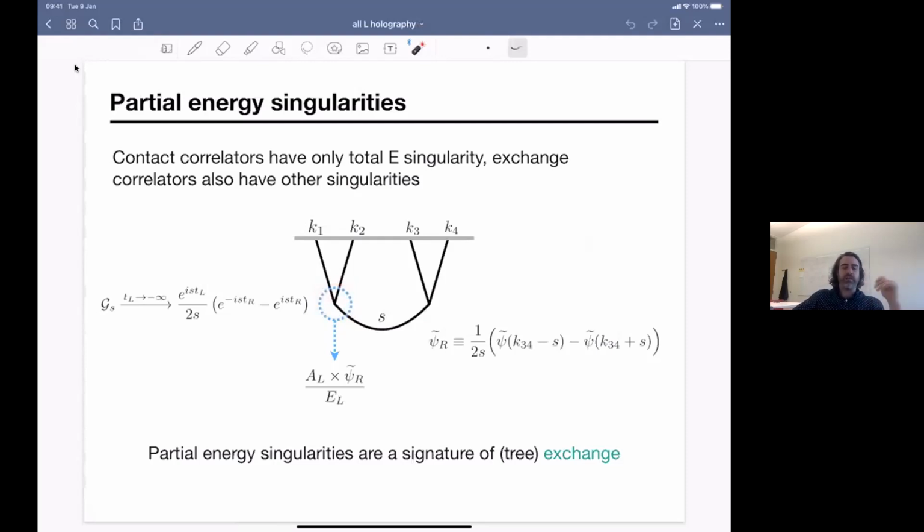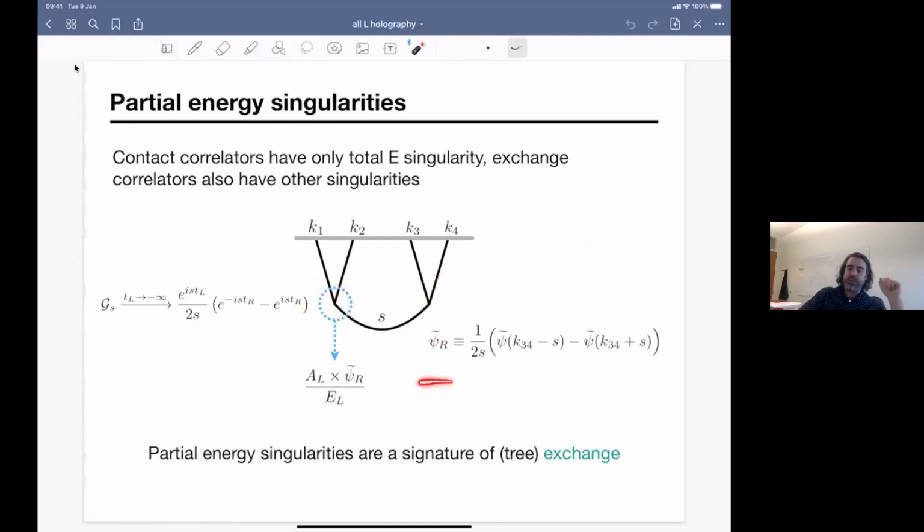And so we can effectively replace the bulk-to-bulk propagator with its limit as this time goes to -infinity. And from the structure of that object, we see that what we're effectively doing when we integrate over the right time is computing the difference of two wave functions, one evaluated at positive energy and one evaluated at negative energy.